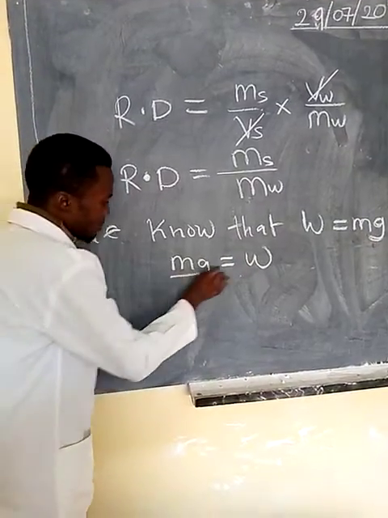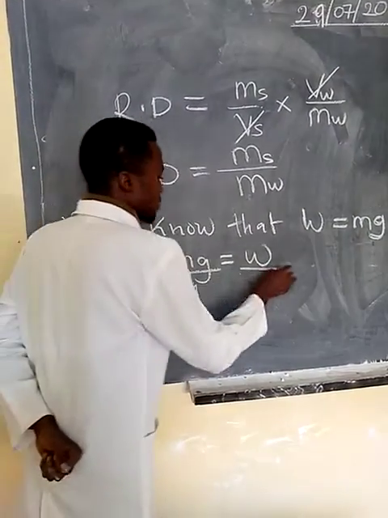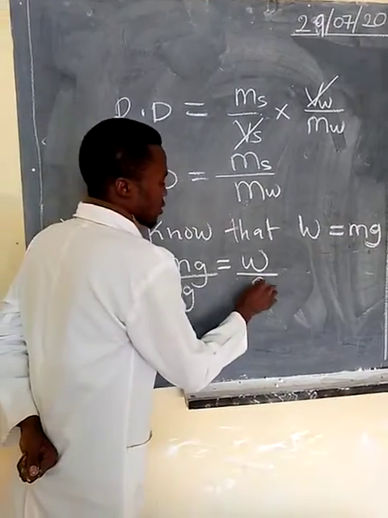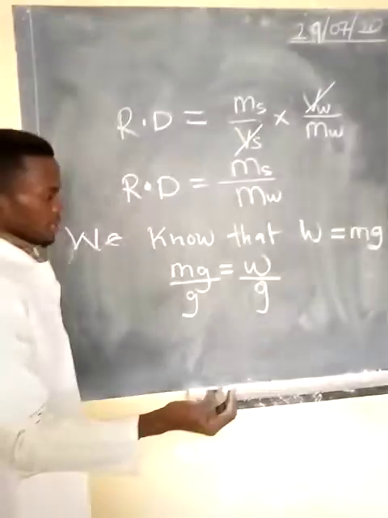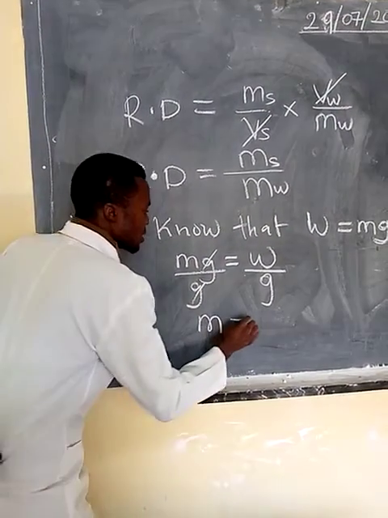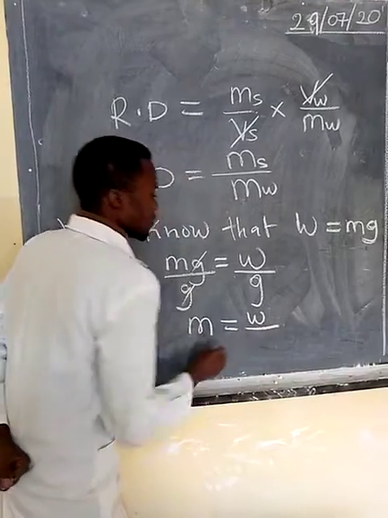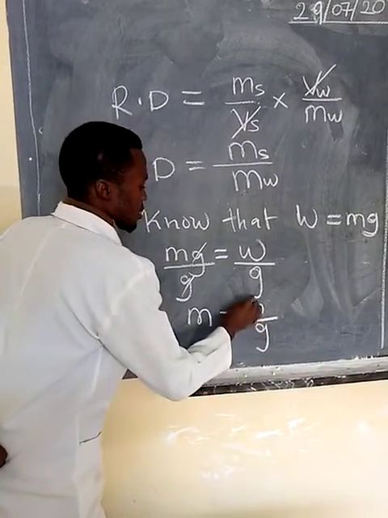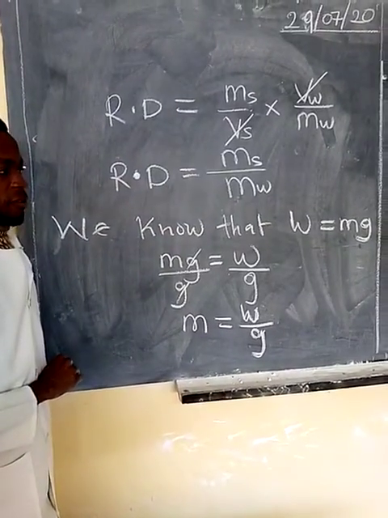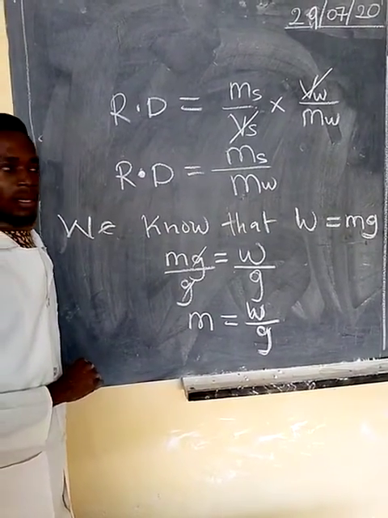Then we divide by g. This is the gravitational force, which is 10. Then those cancel. So m is equal to the weight over g. So that's the formula for mass.